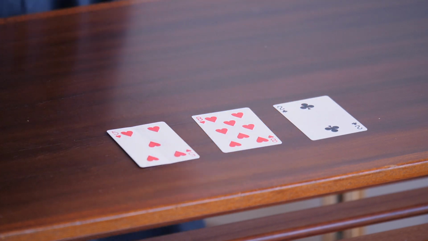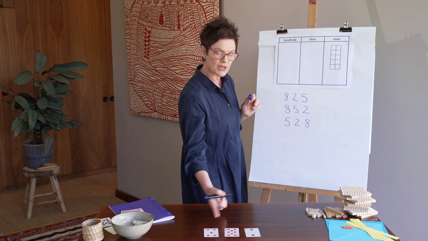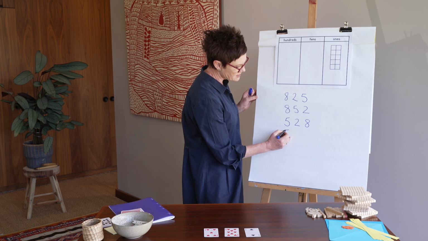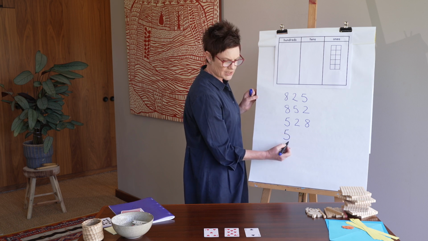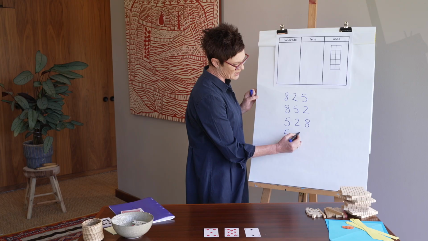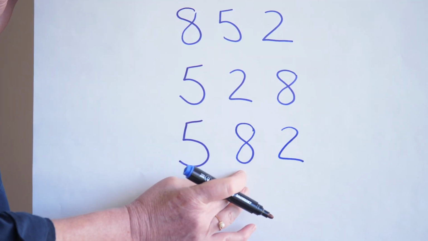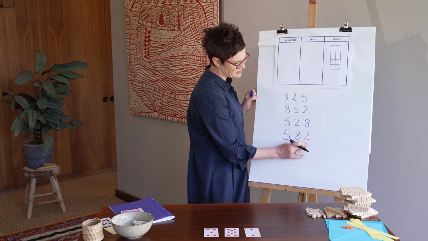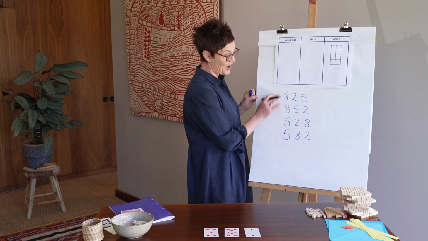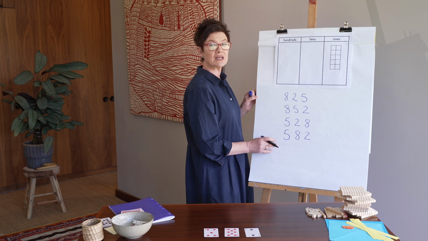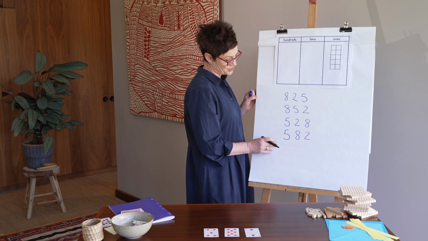So now I have, and I read from my cards, I still have 500, but now I have 582. 8 tens, 2 ones. Okay, so now I have 4 different ways to make 3-digit numbers.